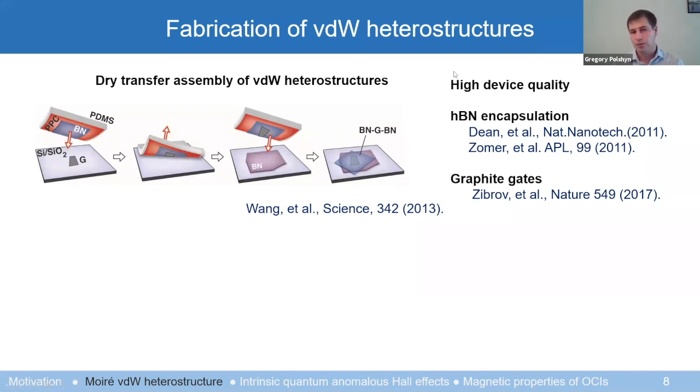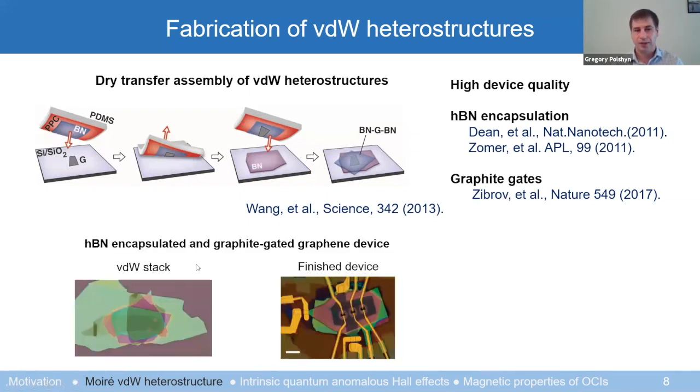Probably two of the most important innovations, at least in the context of the current talk, are HBN encapsulation, which helps keep graphene clean from adsorbates and free from wrinkles, and using graphite gates instead of metal gates, which helps to lower charge disorder.